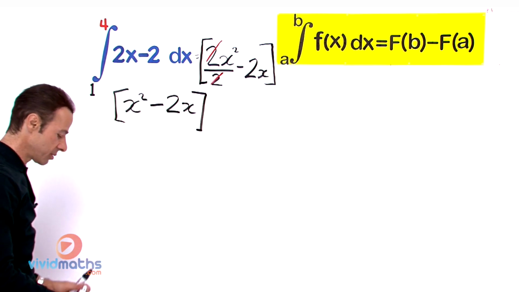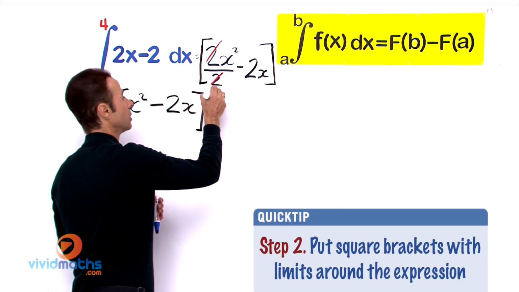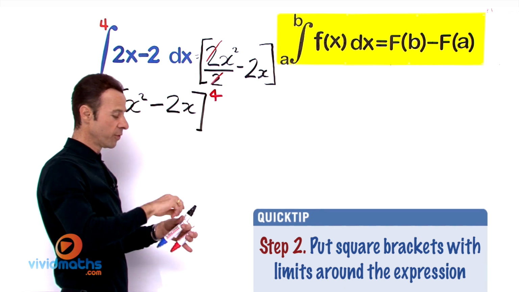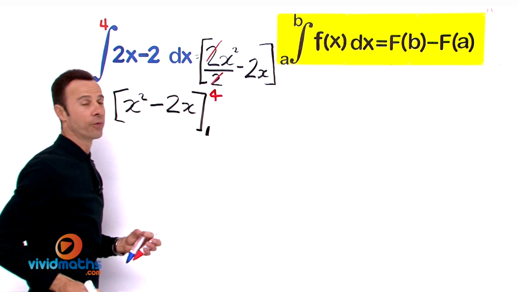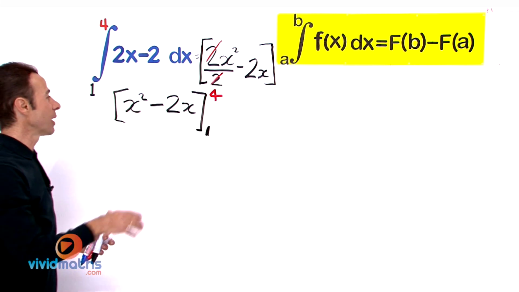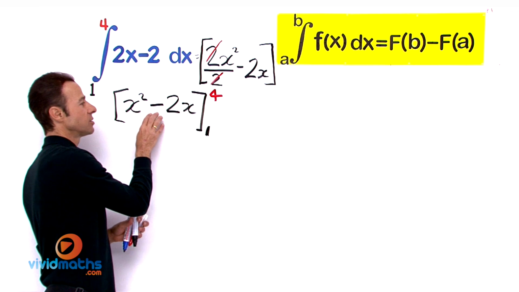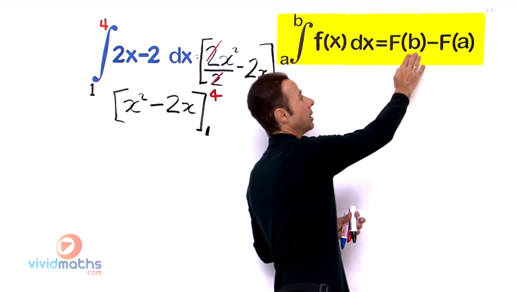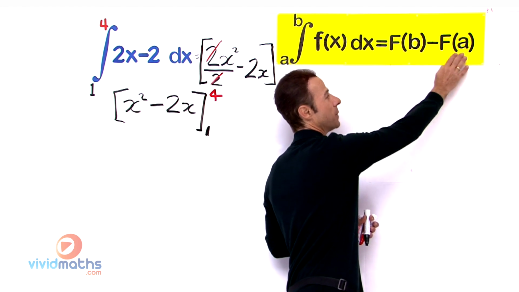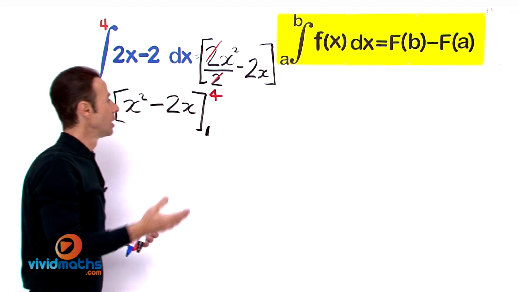I'm going to color code it, so up the top we have 4. Many of your teachers probably won't color code it, but just to make it easy for you to follow. Now all we have to do is substitute these into the primitive that we've just created. It's going to be the upper limit minus the lower limit, or b minus a. That'll be 4 minus 1.